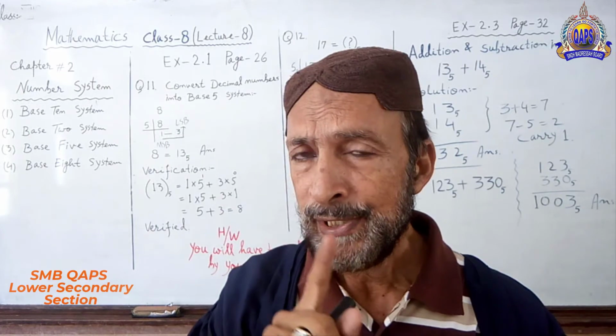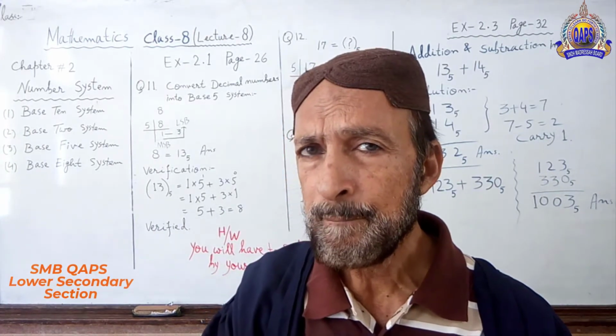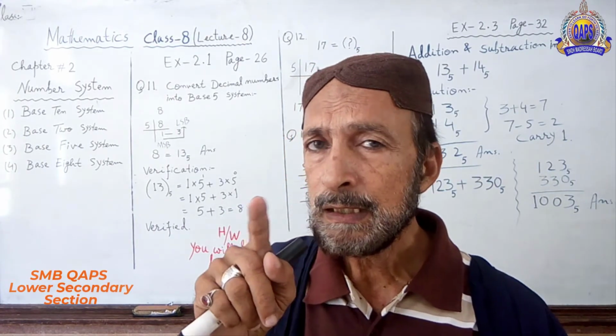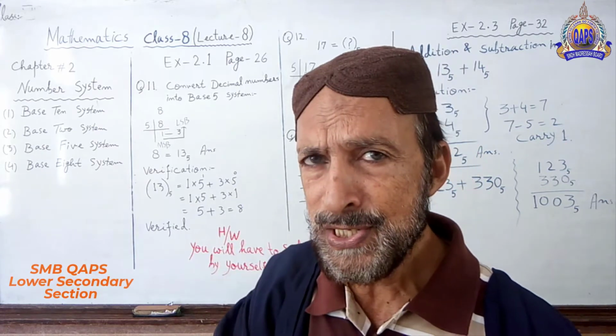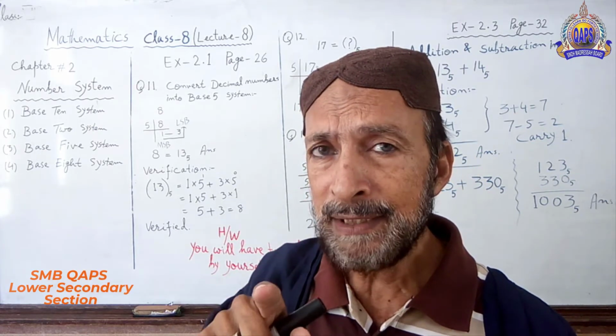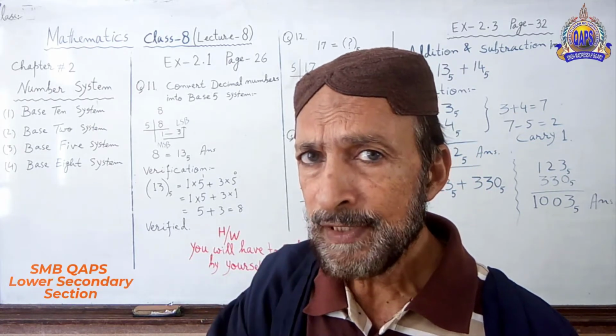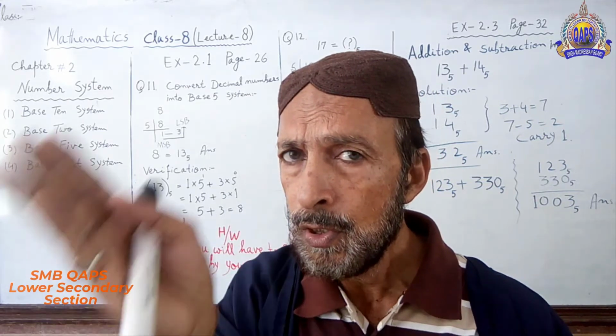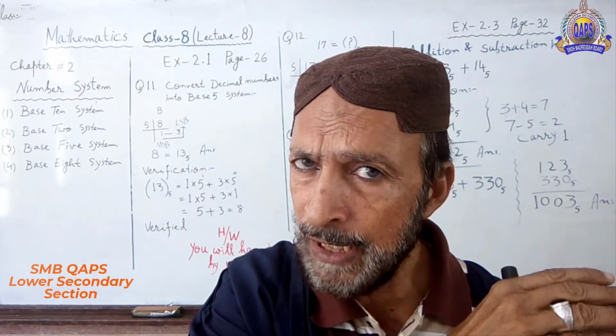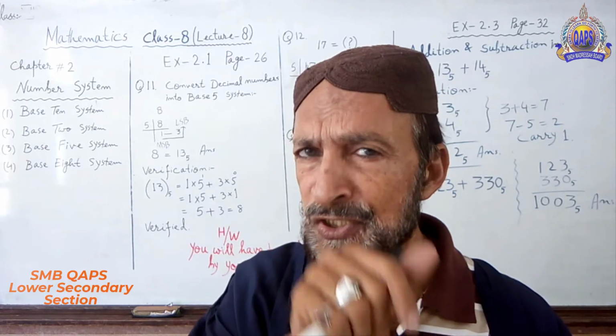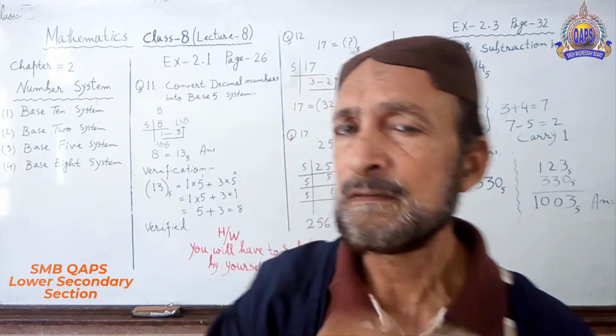Always remember, in base 5, when you do addition and left 5, it will go left hand side in the shape of carry 1.